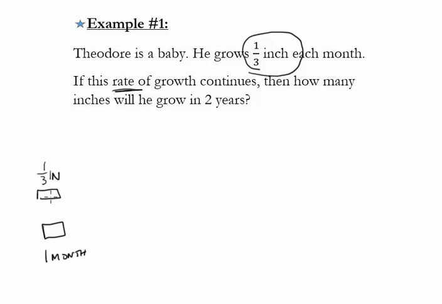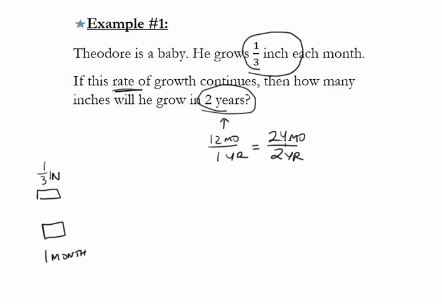Every month is worth 1/3 of an inch. How many months is 2 years? Well, there are 12 months in 1 year, so there have to be 24 months in 2 years.